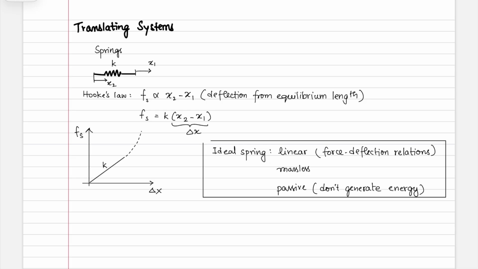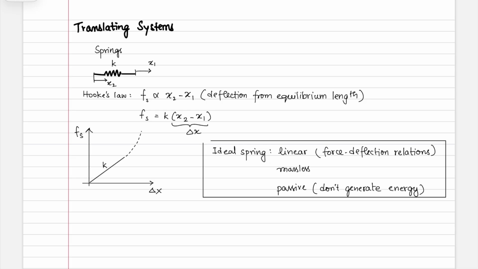On the other hand, if you were to try and compress the spring between your hands, that is, your hands move closer together and your spring is essentially compressed, then the force that the spring is going to be generating is going to try and push the spring outward back to equilibrium. Okay, so if it's trying to push outward back to equilibrium, your hands are resisting a force that is acting outward.